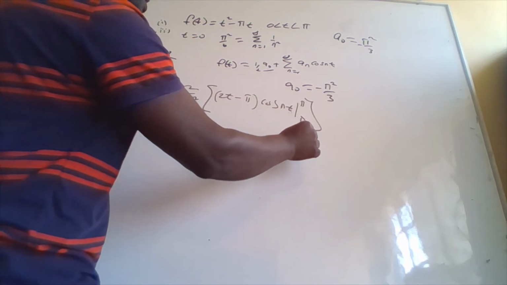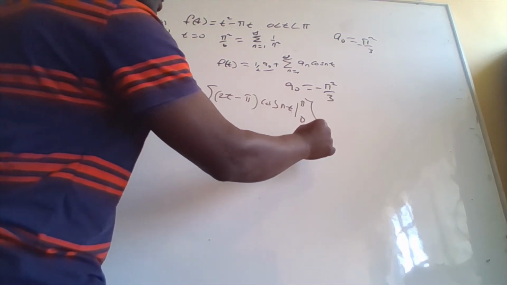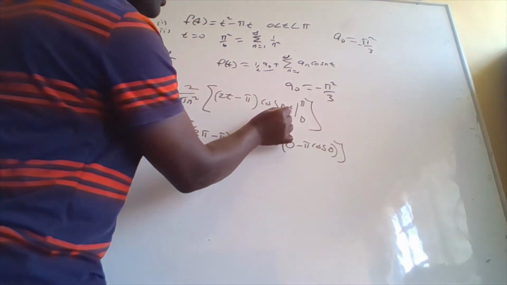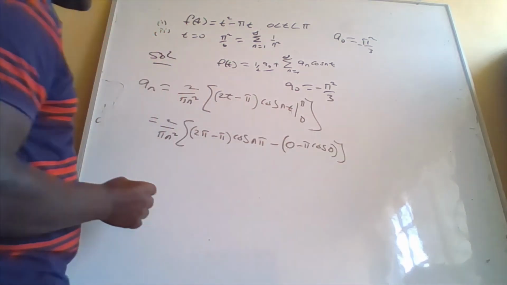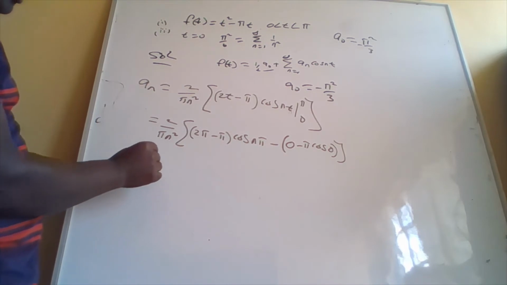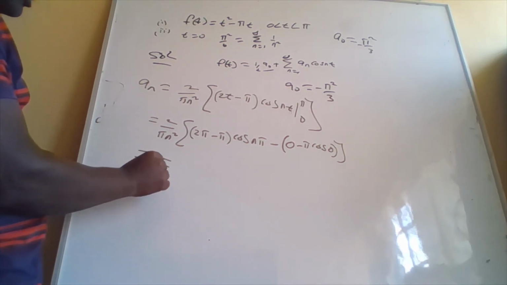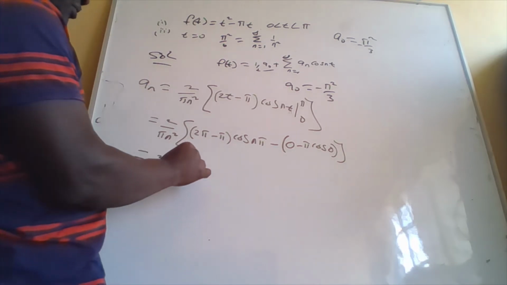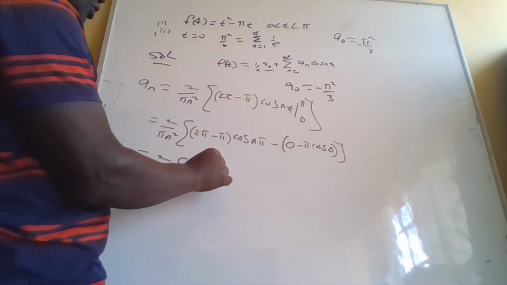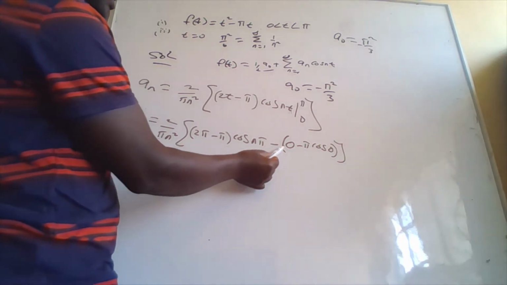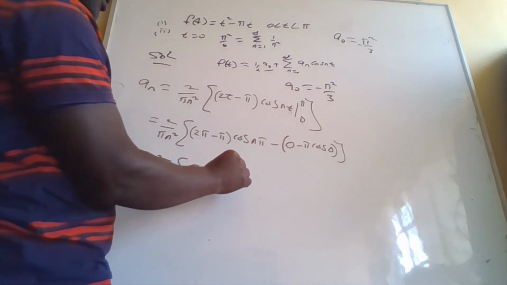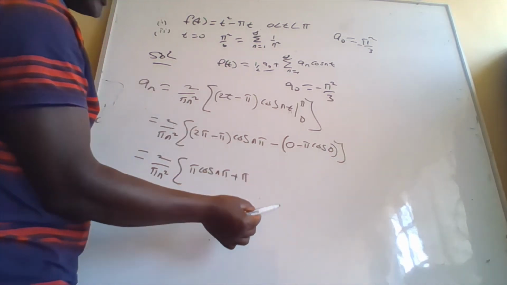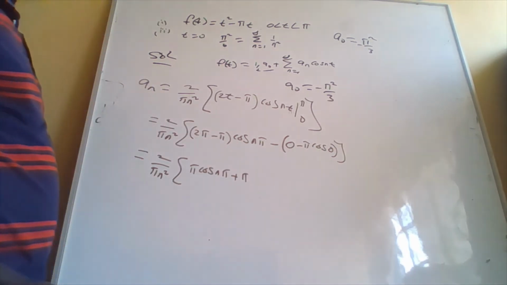It will be 0 minus pi cos 0 times n, we have cos 0. This equals 2 over pi n squared into 2 pi minus pi will remain with pi cos n pi, minus and minus it will be plus pi because cos 0 is 1. 1 times pi we have negative pi.